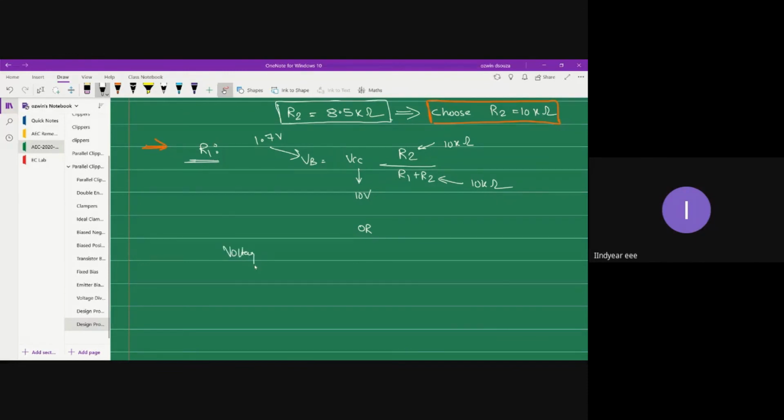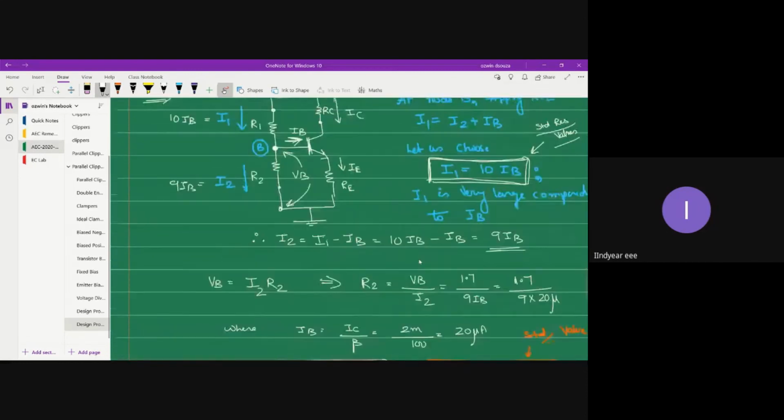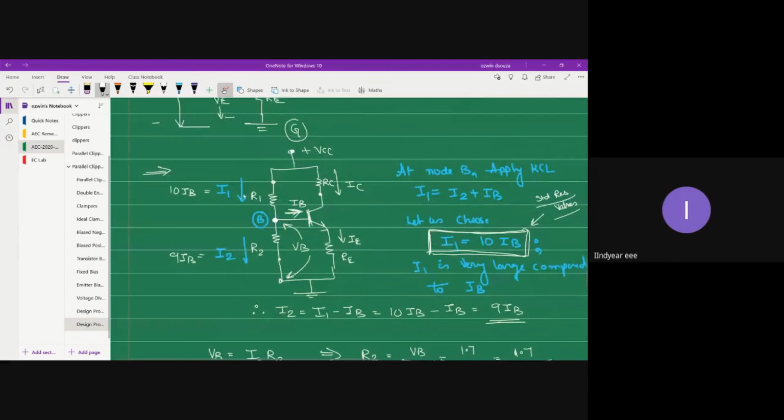What's the voltage drop across R1? It is basically I1 into R1. Voltage drop across R1 is I1 into R1.